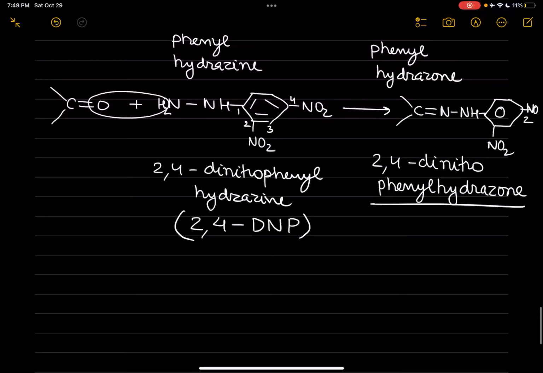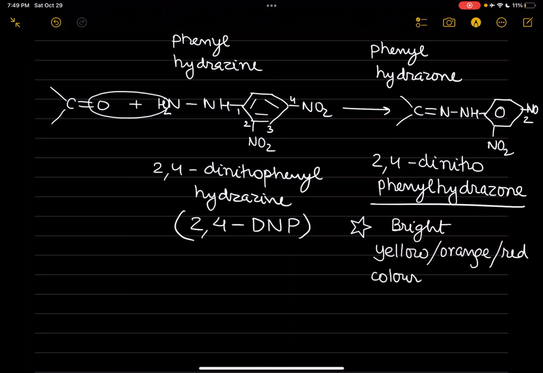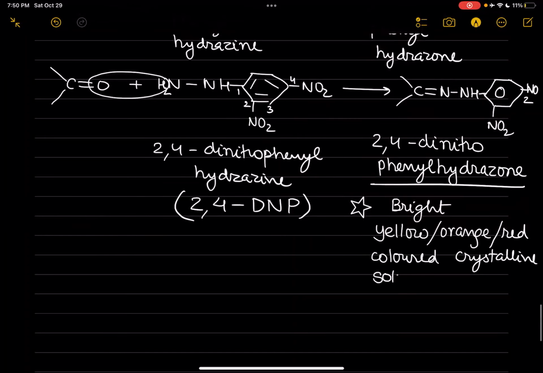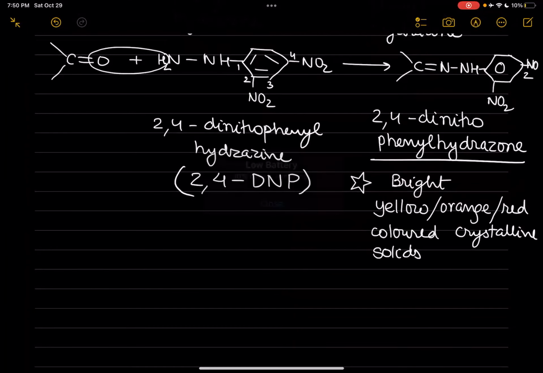So actually, why is this so important? The products are bright yellow, orange, red colored crystalline solids.